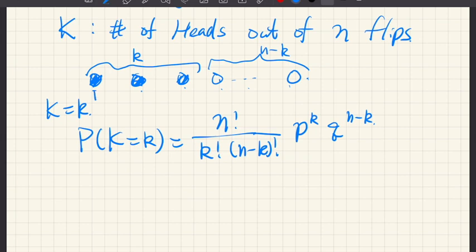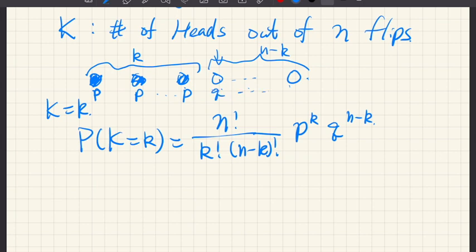So the probability of this is, getting a head in the first flip is p, and the probability of getting a head in the second flip is also p, and so on. So p continues. And then probability of getting a tail in this particular flip is q.